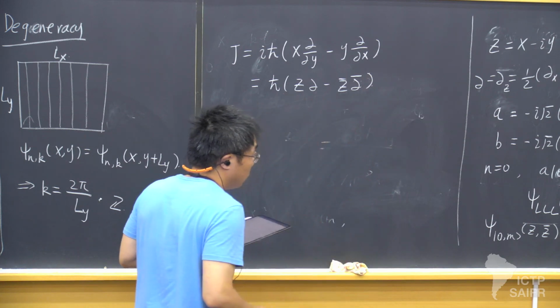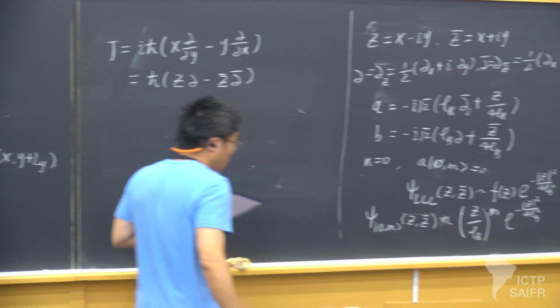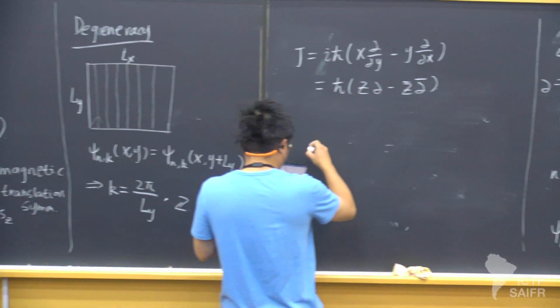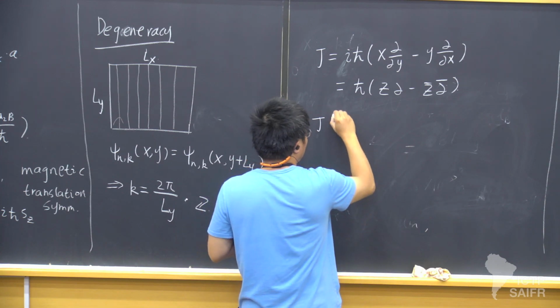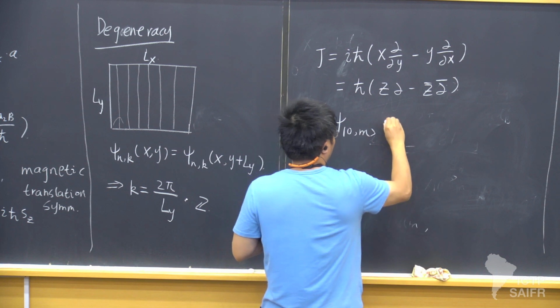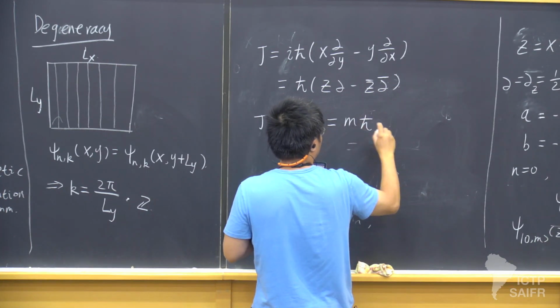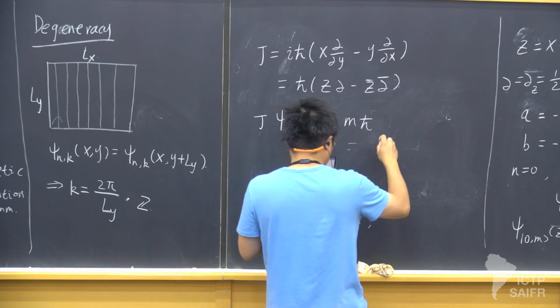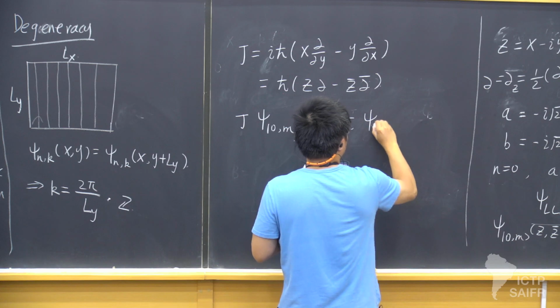Then you can show that those states have well-defined angular momentum. If I act this on my wave functions, I will end up with m times h bar and phi.